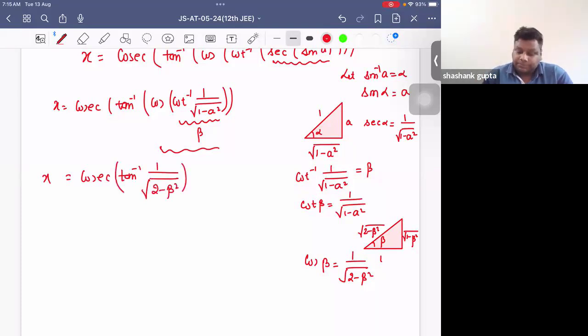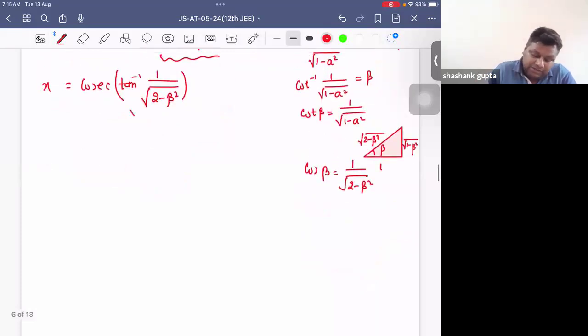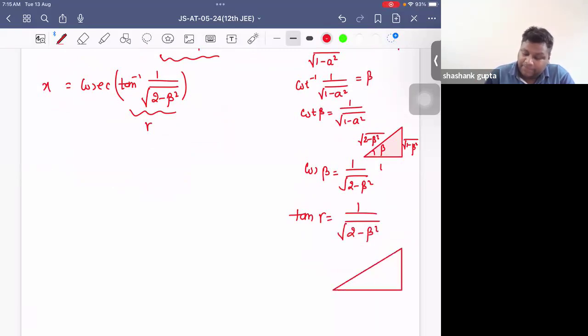Am I correct? Now let us assume this as gamma. So tan gamma will be 1 upon under root of 2 minus beta square. So if there is a triangle, this angle is gamma, this is 1, this is under root of 2 minus beta square. So this point will be, just a moment.